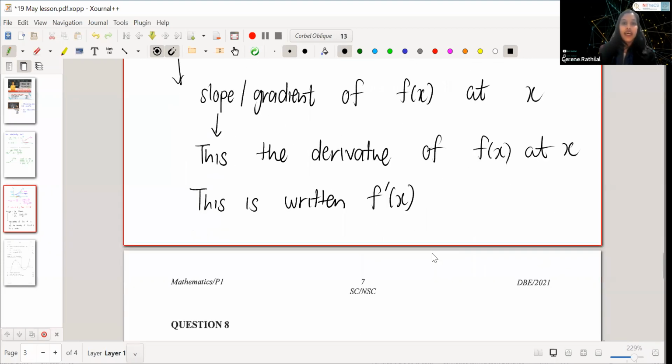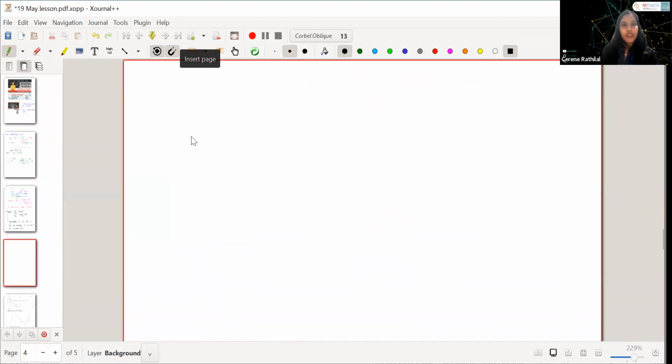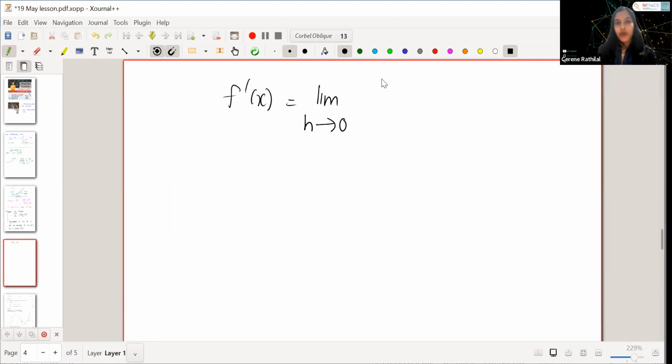And so we have in general, insert a new page, that f prime of x is equal to the limit as h approaches 0 of f of x plus h minus f of x divided by h.